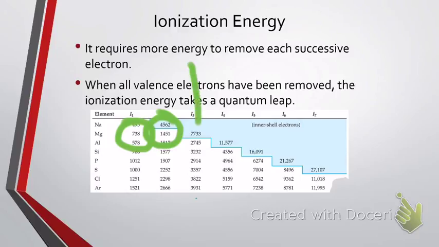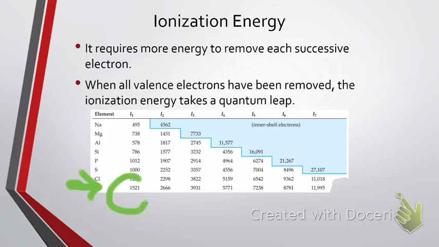So you go to remove that third one, and it takes a lot of energy. This is true for all of the atoms. And if you notice, if we look all the way at argon, which is the noble gas on that row, it takes a lot of energy just to remove any electrons from it because it's perfectly happy.